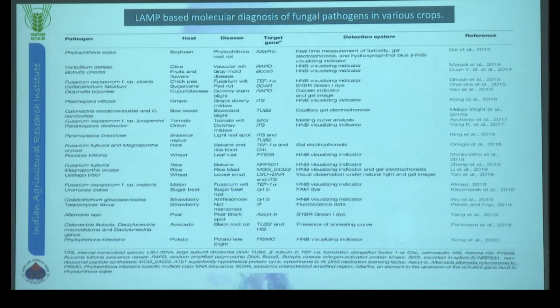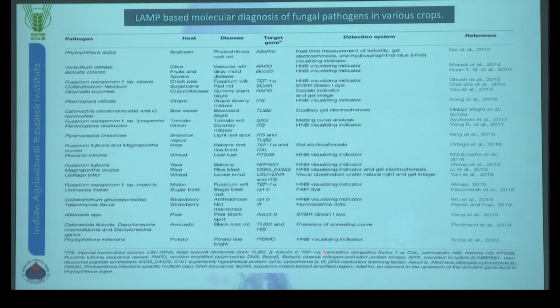Yes, a number of publications are there. You see here which genes are there: Phytophthora, Verticillium, Botrytis, Fusarium, Puccinia. All markers have been developed based on the LAMP assay. What genes did they target? You can see here: elongation factor, SCAR marker, RAPD, ITS, tubulin, 6 gene ITS.